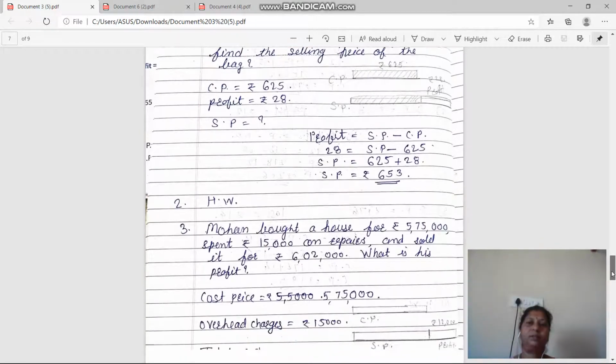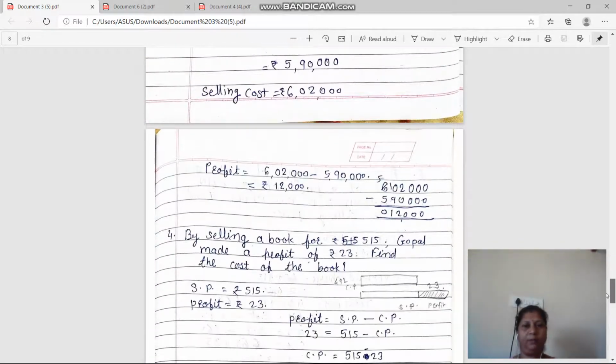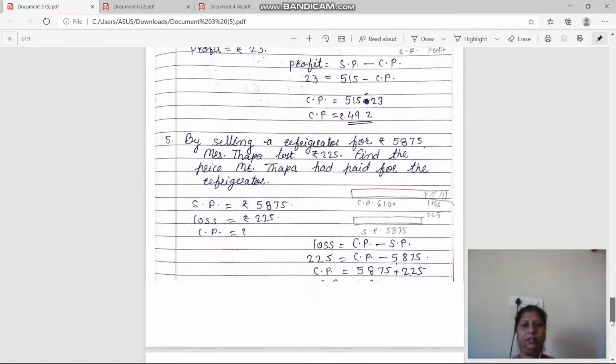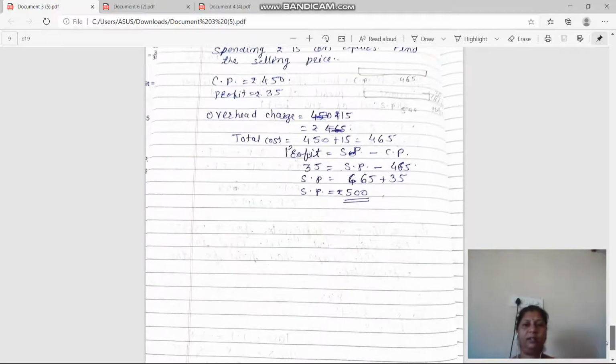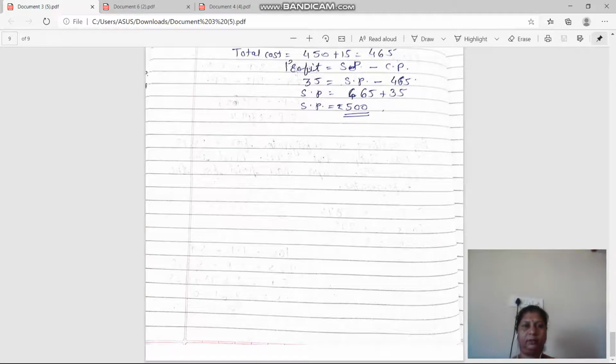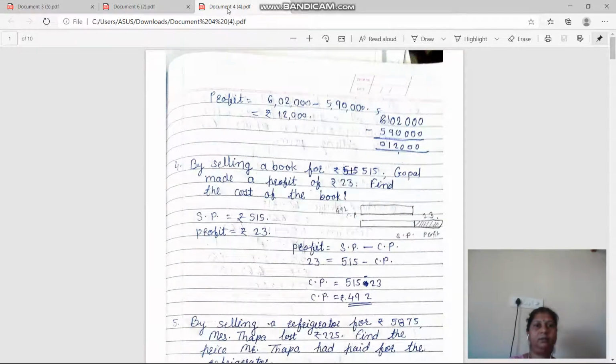These story sums depend on the profit and loss. So let's see the percentage loss and percentage profit.